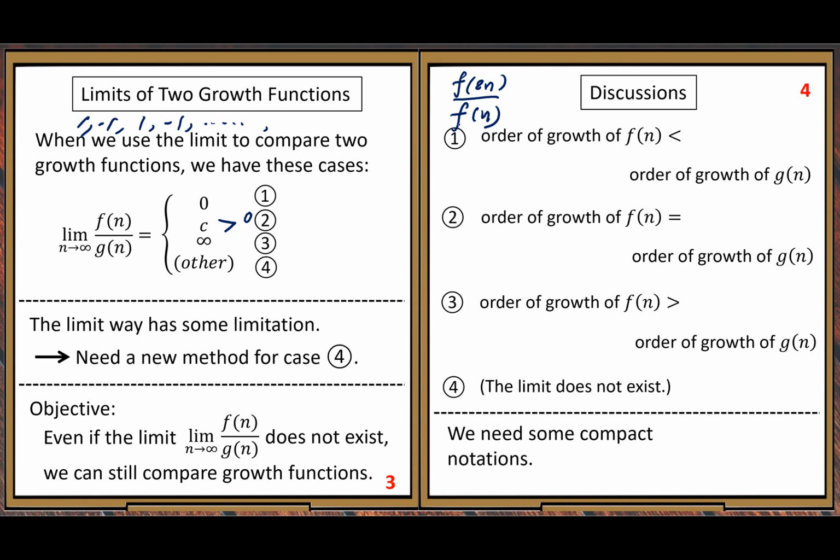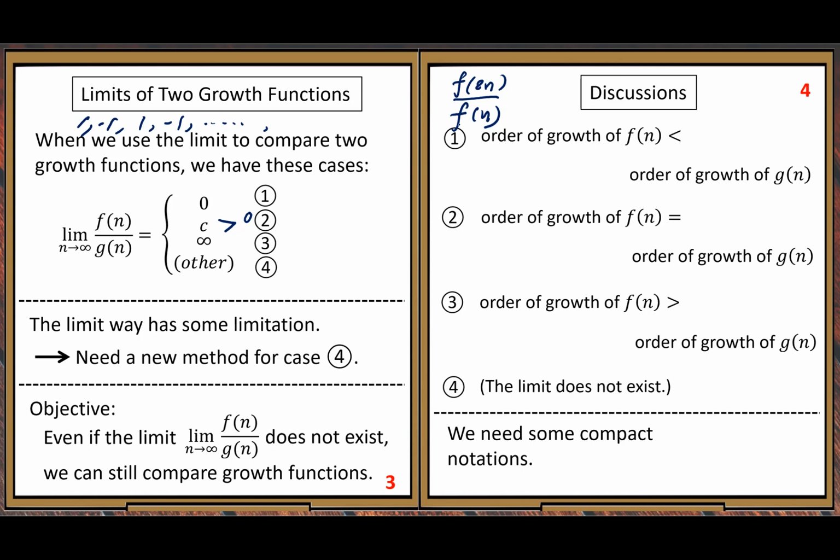So let us go to another question. We need some notations to represent these 3 cases, because this one we need to answer later. The answer is still not easy to see at this point. So let us look at the first 3 cases.